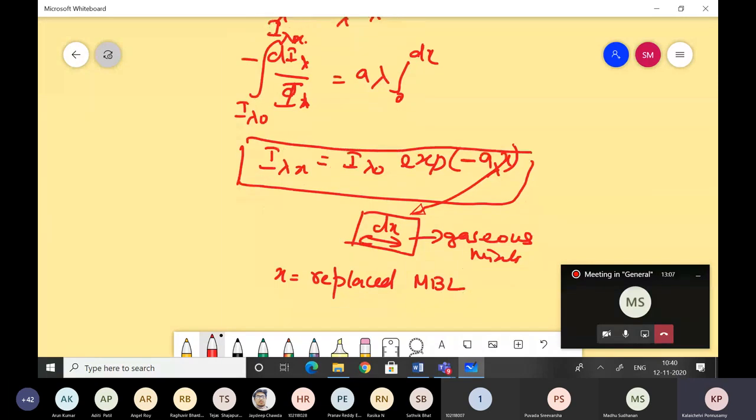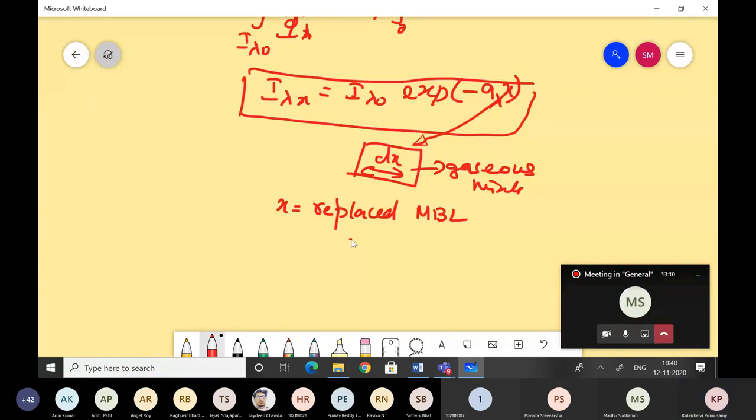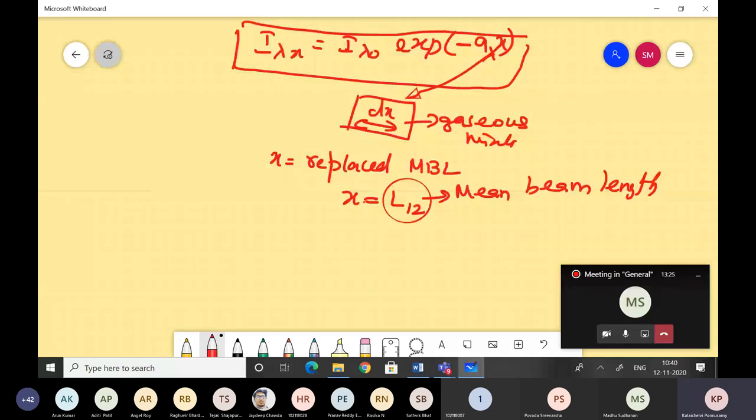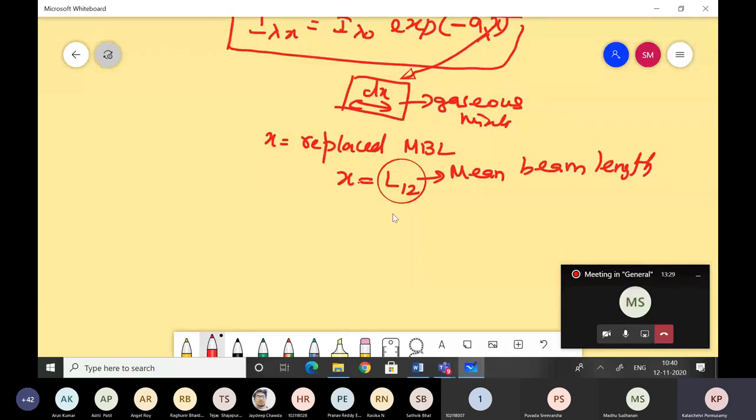So now the x is replaced by L suffix 12, where L suffix 12 is the mean beam length, and this is generally calculated using the equation 3.6 into the volume of the enclosure divided by the area of the enclosure, or the volume occupied by the gas divided by the area from where the radiation is emitted.